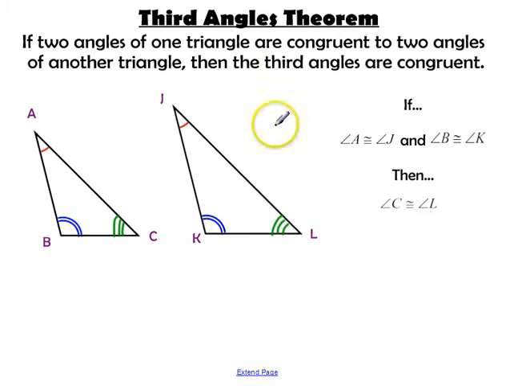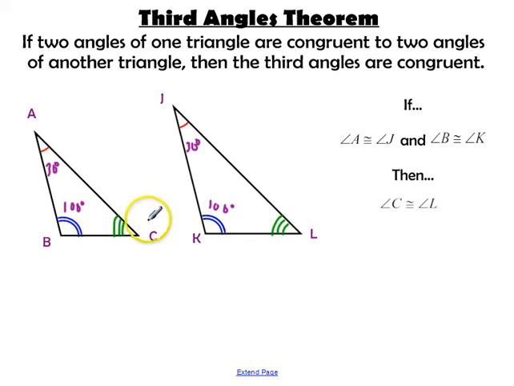So again, let me just give you an example to help reinforce this theorem. Let's just say that angle A is 30 degrees. That means that angle J is also going to be 30 degrees because those are congruent. If angle K happens to be 100 degrees, then angle B also has to be 100 degrees because they're congruent to each other. So far, we're just working with the information we have.